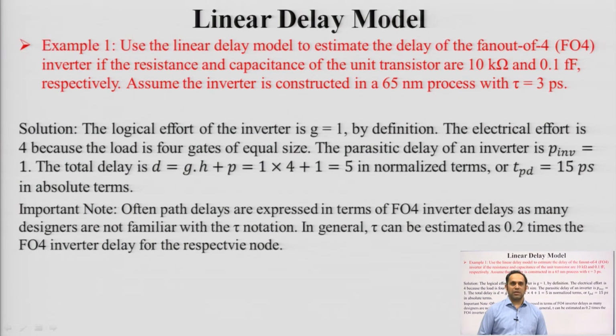Now, we are talking about inverters. We have seen that the logical effort of the inverter is equal to 1. The electrical effort is 4, because it is driving 4 other similar inverters of equal size.